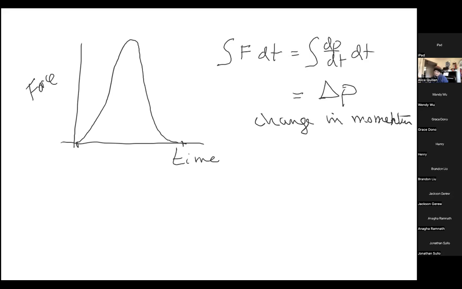So delta p will equal 2mv, where v is the initial velocity, if it's elastic. Because it's got the same velocity but it's flipping sign, right? That's where you get this factor of 2. And m would be the mass of the ball.